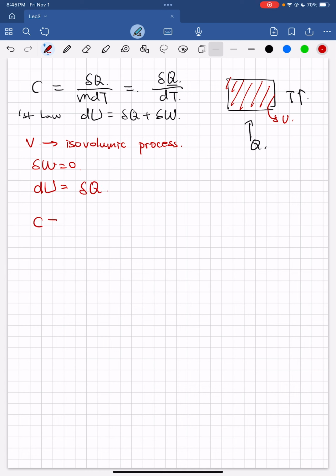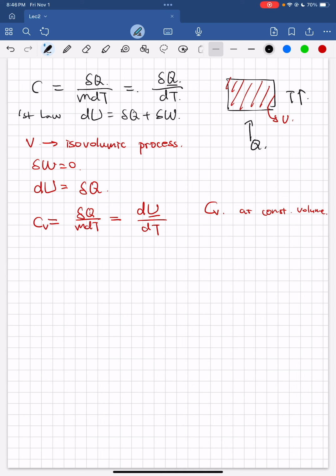And by definition, C becomes like this, equals dU/dT. We call this CV. Okay? CV. So specific heat capacity at constant volume. Right?